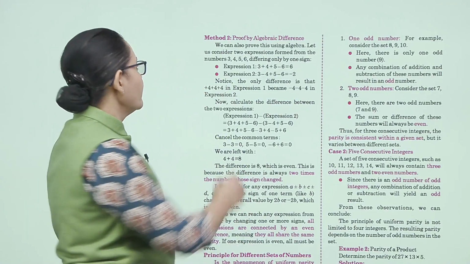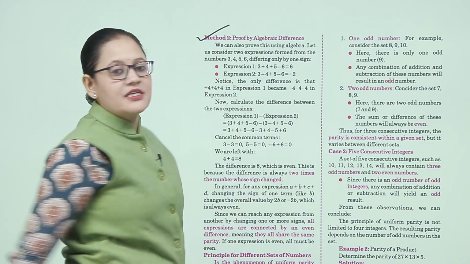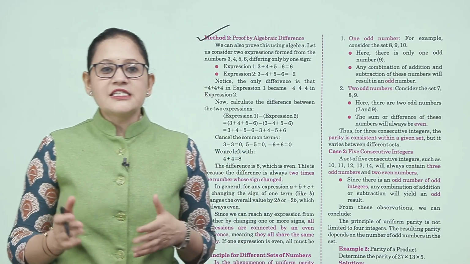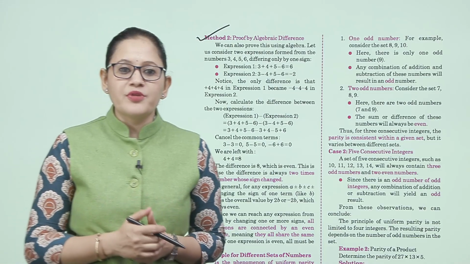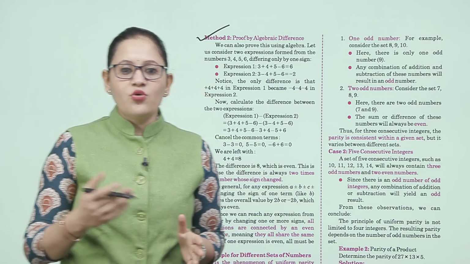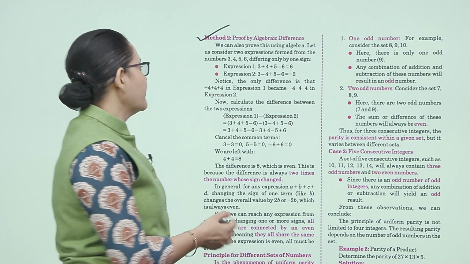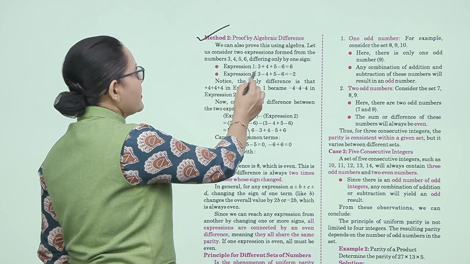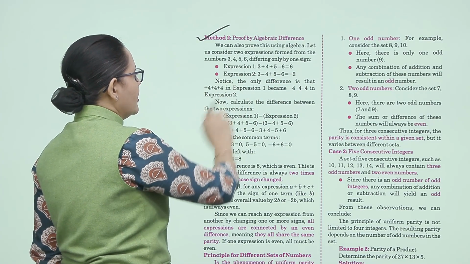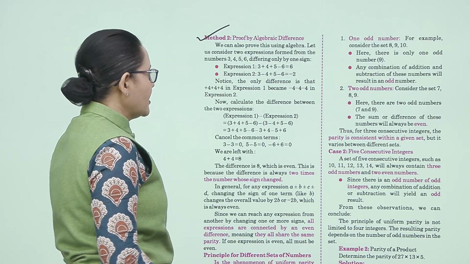Next is method 2, proof by algebraic difference. We can prove this using algebra. Let us consider 2 expressions formed from the numbers 3, 4, 5, 6, differing only by one sign. Expression 1: 3 plus 4 plus 5 minus 6, that equals 6.